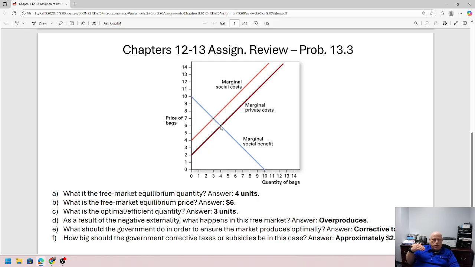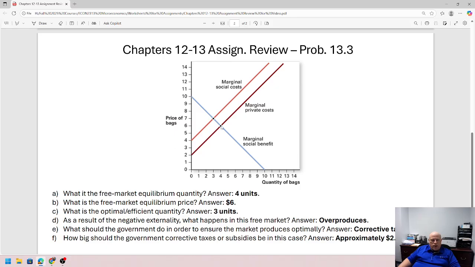Okay, so the free market equilibrium quantity, where you have this negative externality produced in this type of market, is 4 units. That's how much is going to be produced in this type of market if there's no government intervention. Okay, now part B asks us, what is the associated free market equilibrium price at that point?